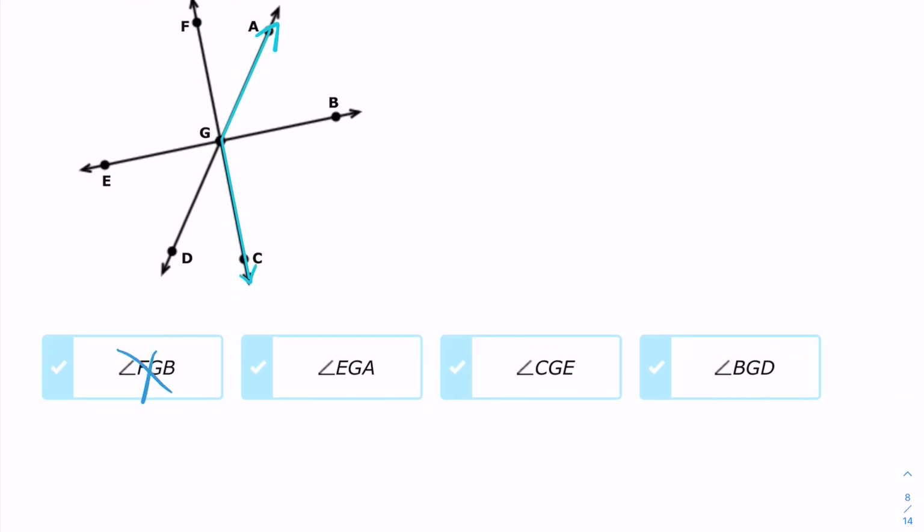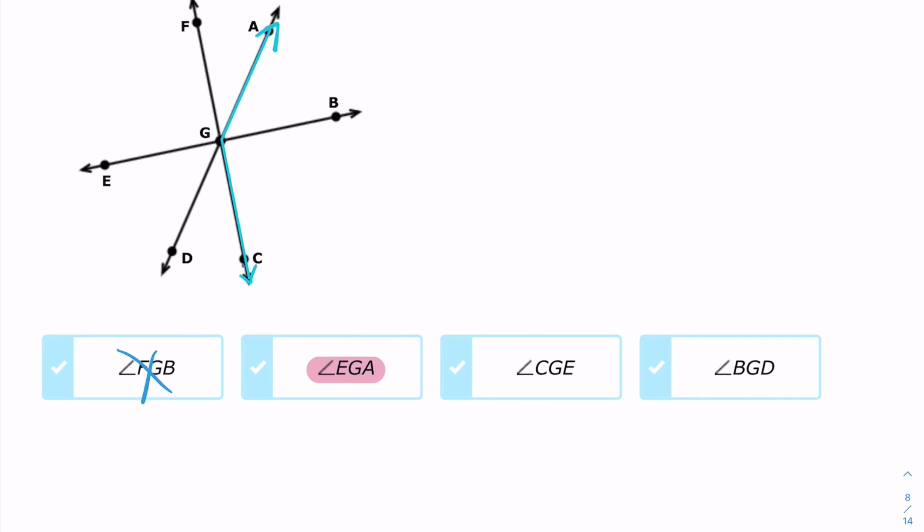What about EGA? So EGA is right here. And these share GA. So EGA is an option, because they share GA as one of the sides and they share the vertex G. Okay, CGE.